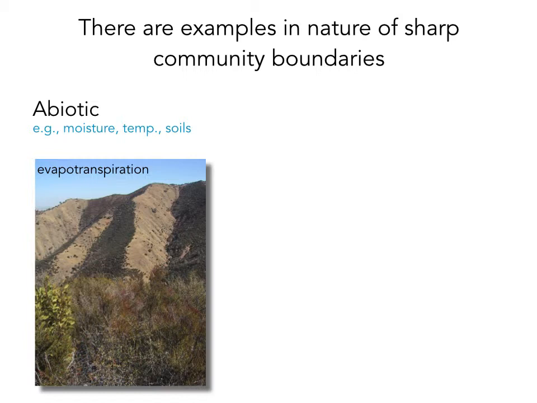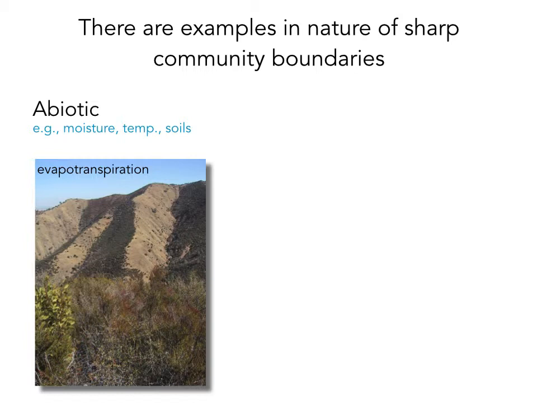This would certainly, and we've talked about this before, be an abiotic factor. On the north-facing slopes, there's more moisture and less direct solar radiation, so we get less evaporation. Soil moisture is higher than on the south-facing slopes.